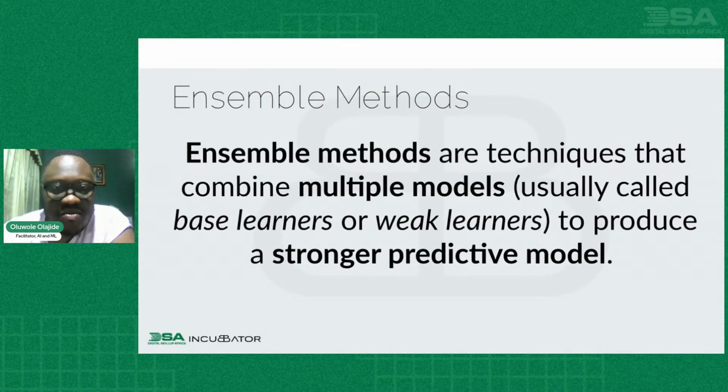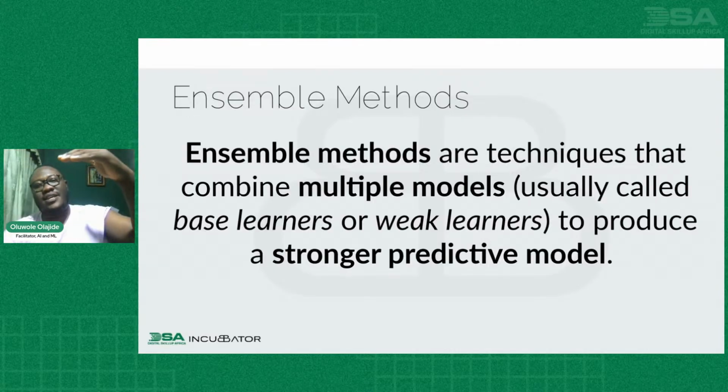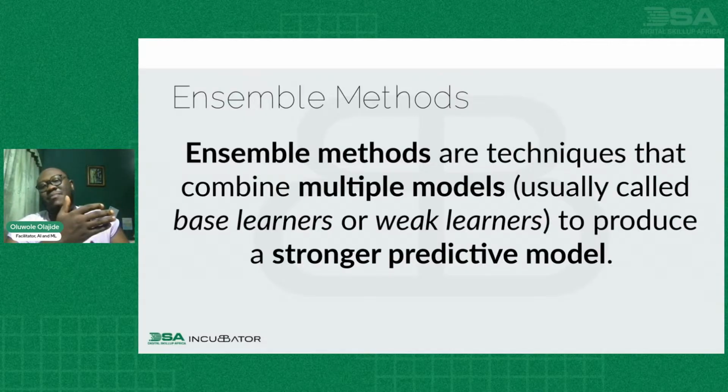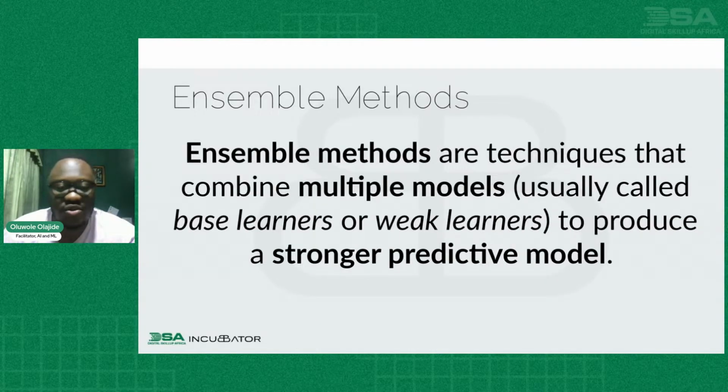Then I told you that to manage those errors, you can use an ensemble method, whereby we combine multiple models together, usually called base learners or weak learners. So you start from one, it takes the strength of one, then its weakness is complemented by the second model and things like that. Like the work I'm doing now, I'm using an ensemble model and what you call a multi-stage classification model.